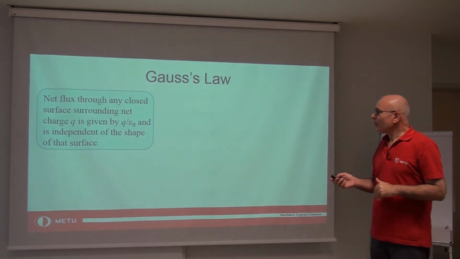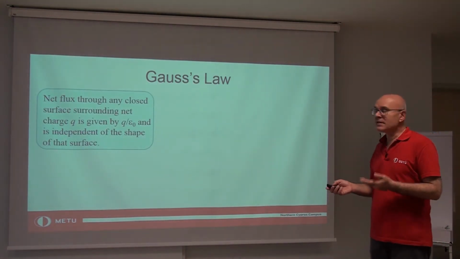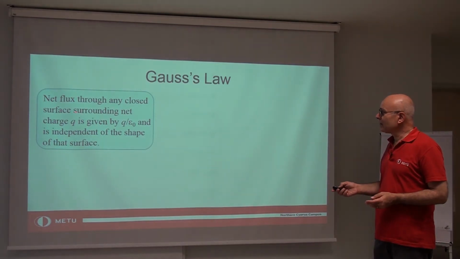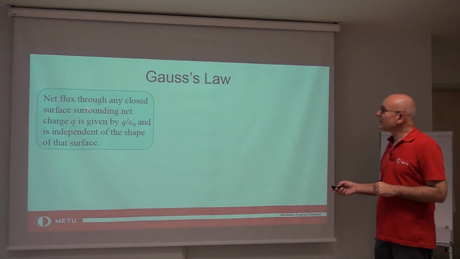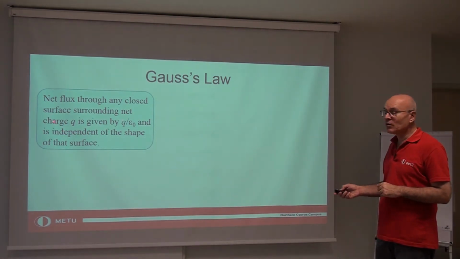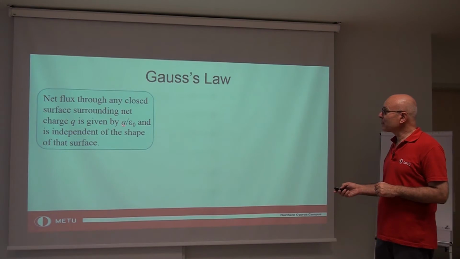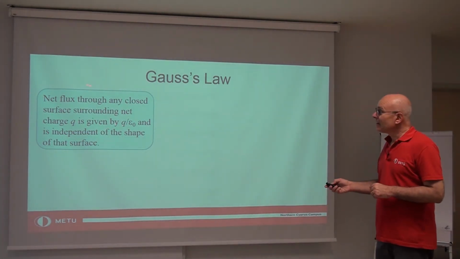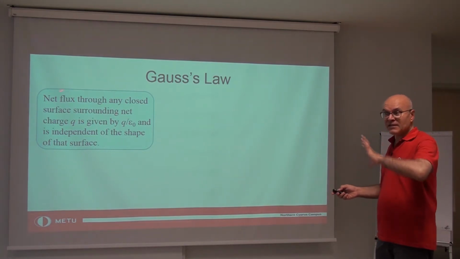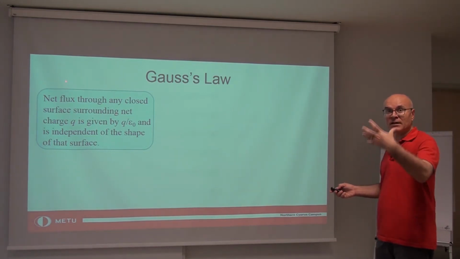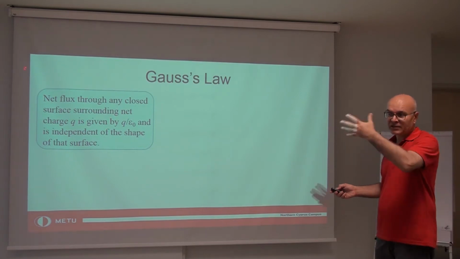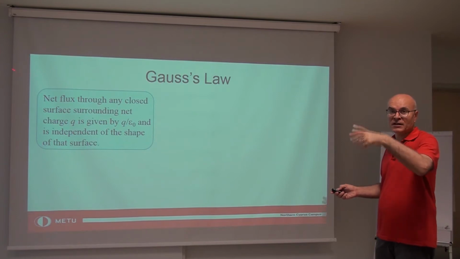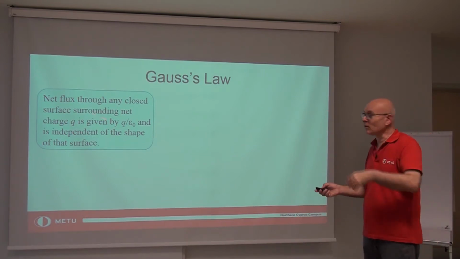Now, Gauss law says the following. It says that the net flux through any closed surface, that's a Gaussian surface, surrounding net charge Q is given by Q over epsilon naught and is independent of the shape of that surface. So it says net flux on one side, there is the flux through a closed surface, generated by finding the surface integral of the electric field at the surface over the whole surface.